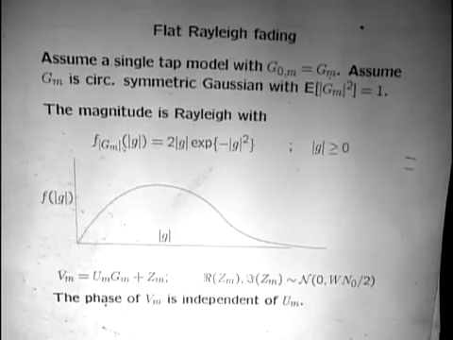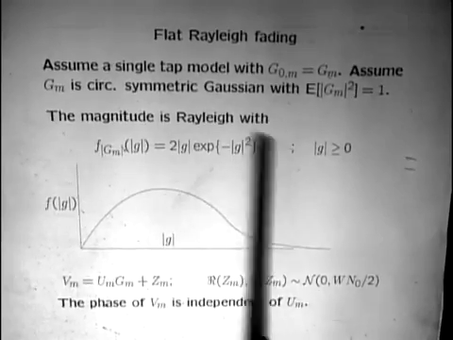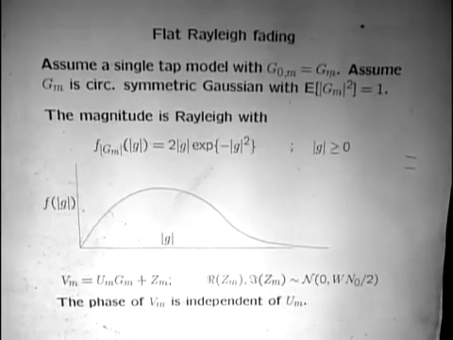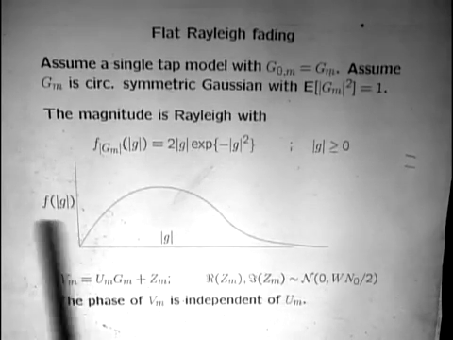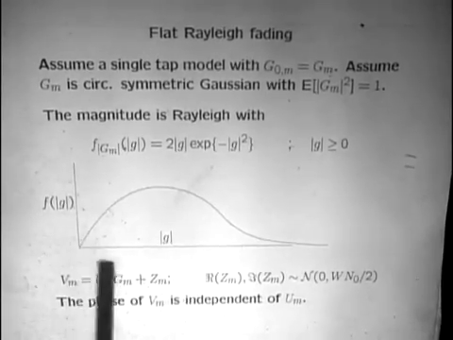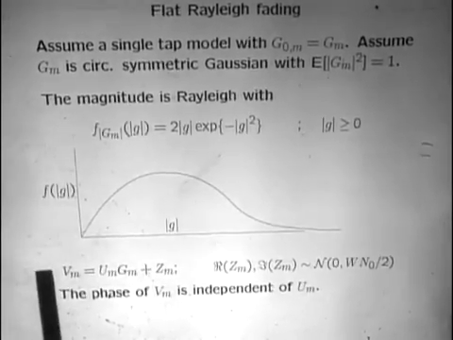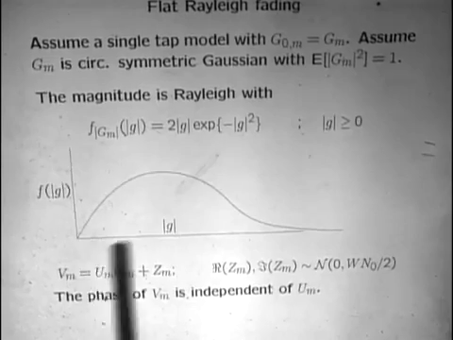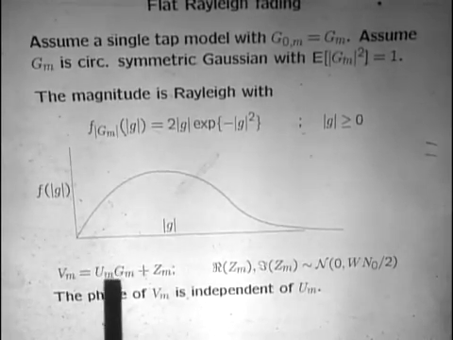The probability density of how much response you get obeys this law here, and the phase, of course, is equally likely to be anything, namely the phase is uniform and random. This density looks like this. I wanted to draw this to emphasize that the magnitude is always non-negative, but also that there's a whole lot of probability down here where there's very little channel.